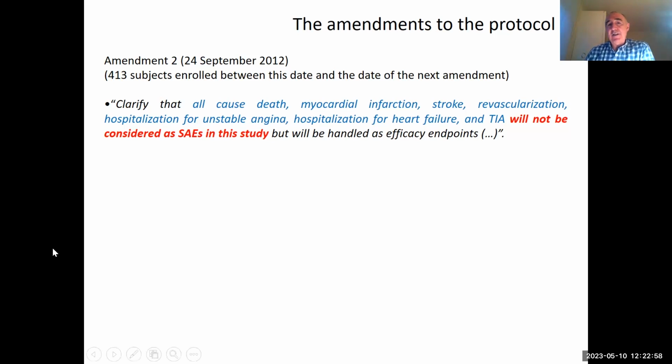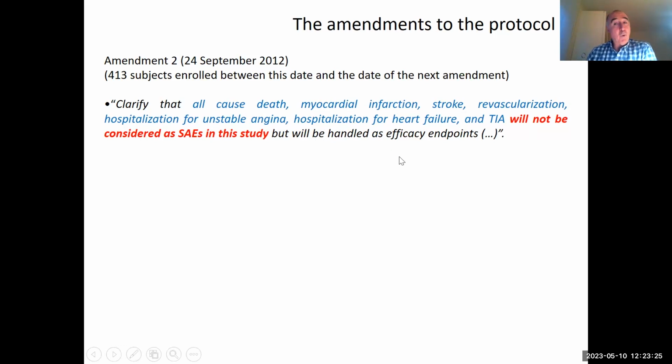First, they said that they wanted to clarify that all-cause death, myocardial infarction, stroke, revascularization, hospitalization for unstable angina, hospitalization for heart failure, and transient ischemic attack will not be considered as serious adverse events in this study, but instead will be handled as efficacy endpoints.